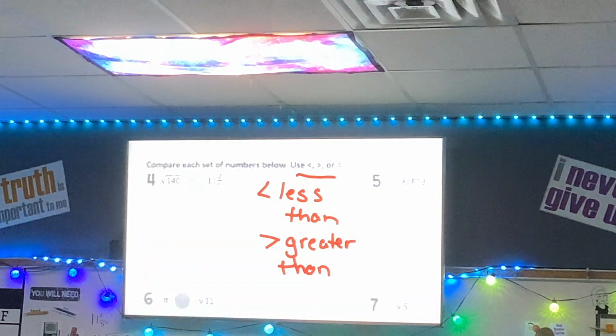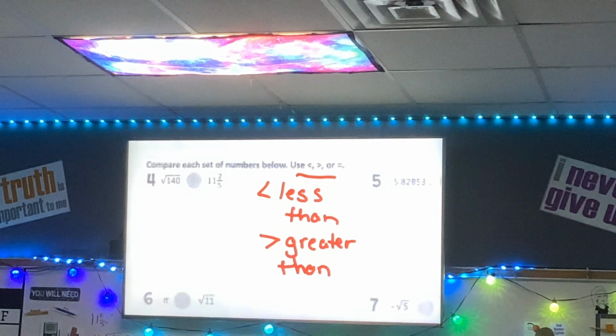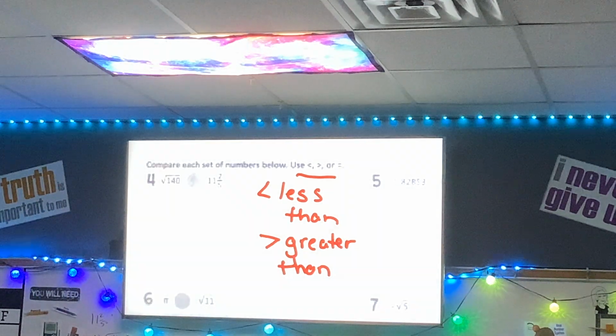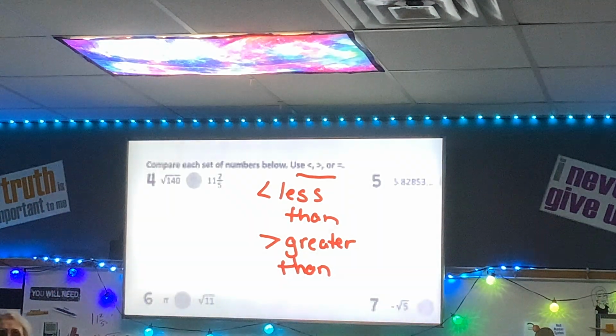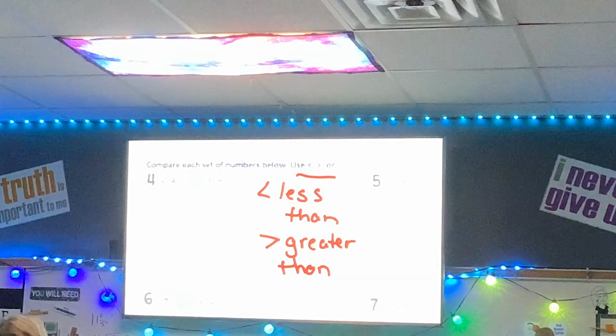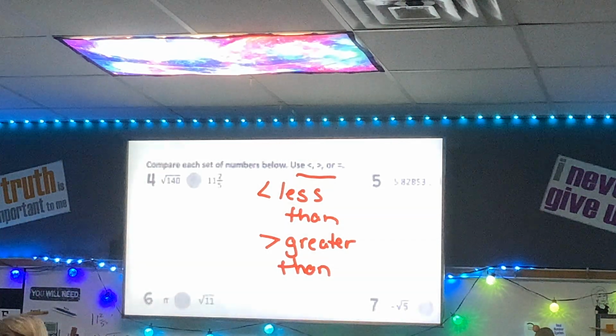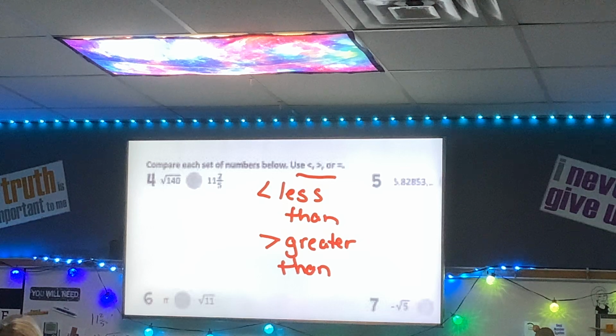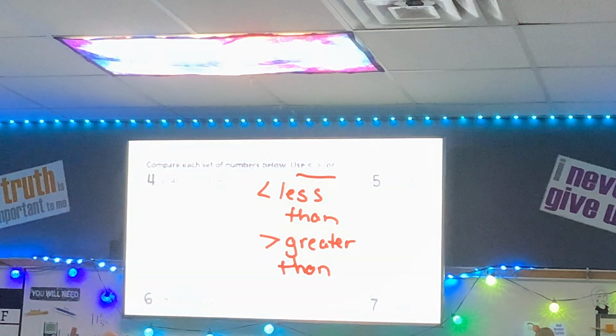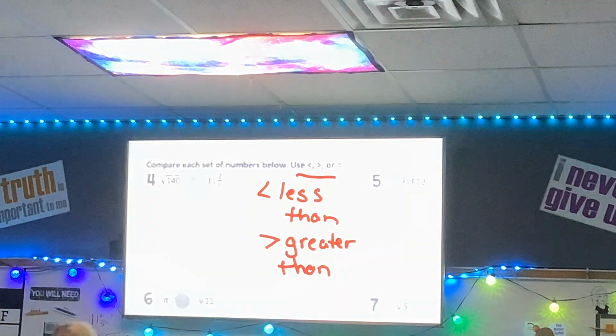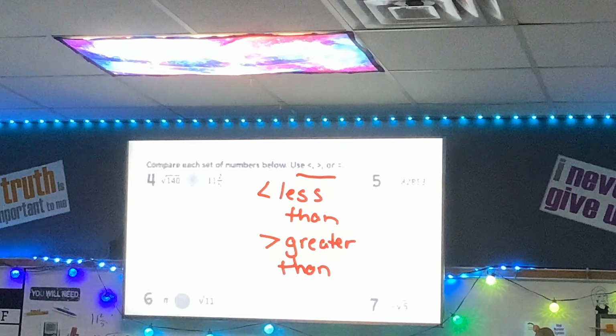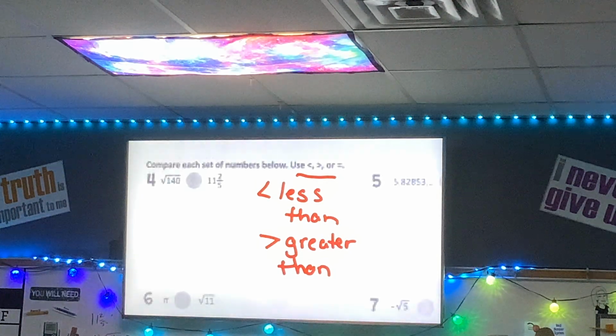I am going to show you exactly on the board, if this was like a piece of paper, if you were doing it as a digital activity, and you had to have a piece of paper to show your work, this is how you would do it, okay? And the reason I'm going to do it like this is because I'm going to have my calculator screen up on the board, okay? So you can also see what you need to be writing on your paper. Okay, so here we go.